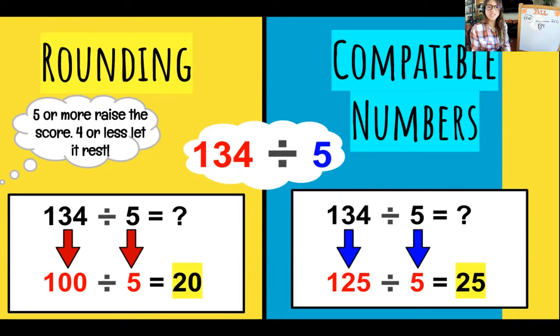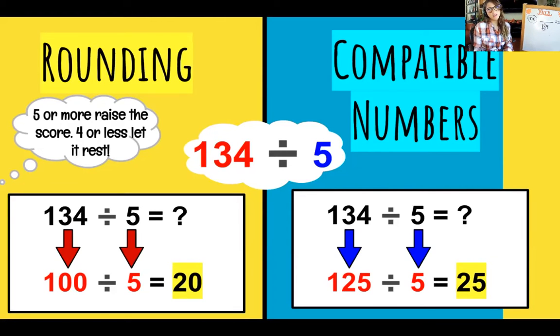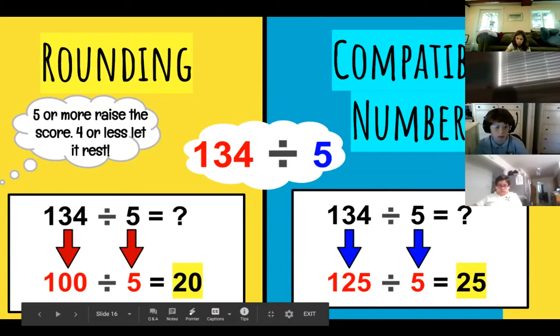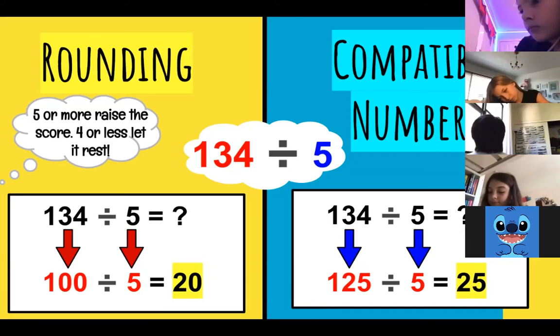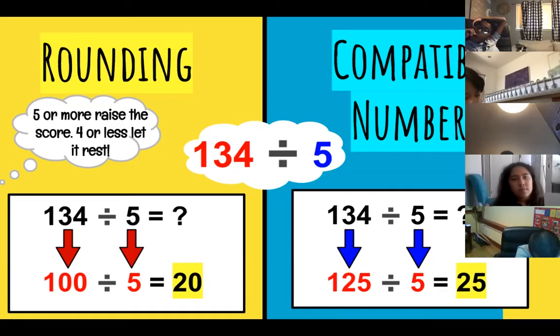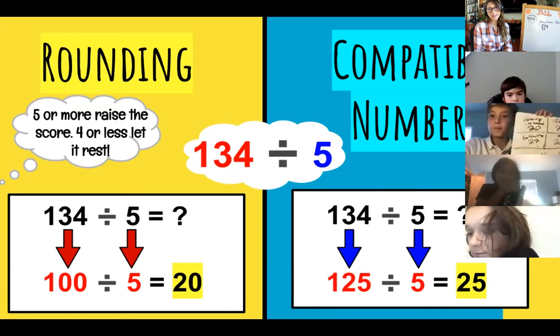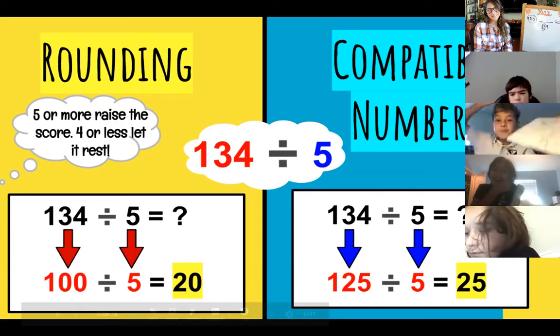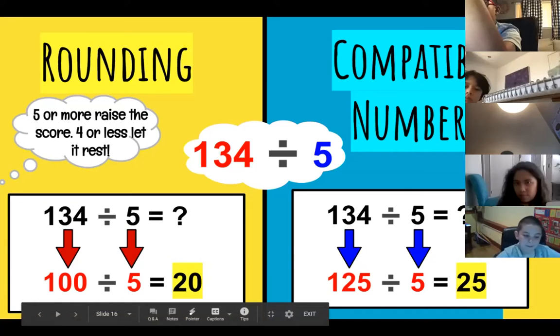In this case, which method gives me a better estimate? The rounding or the compatible numbers? Which gives me a better estimate? Nobody? Rounding gives me a better estimate, or compatible numbers?